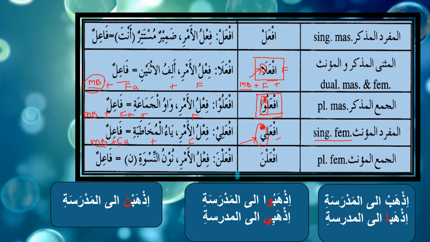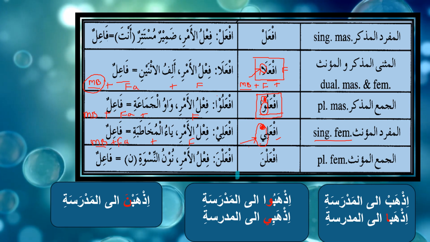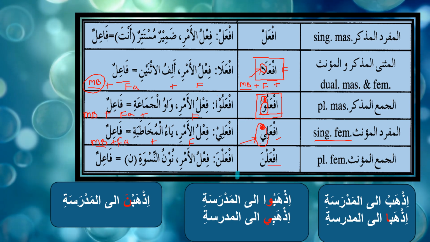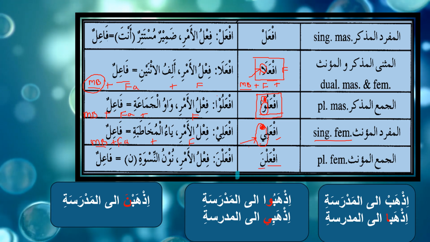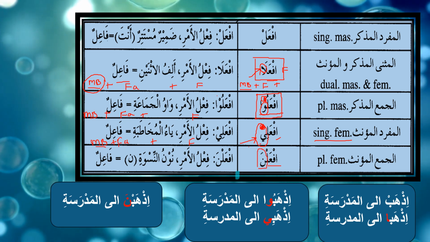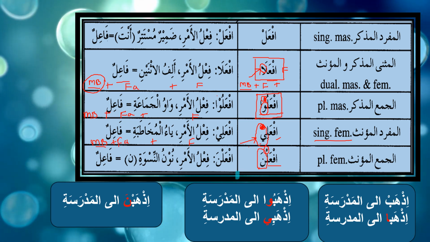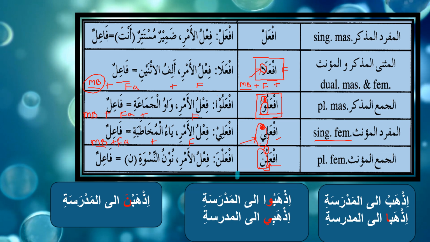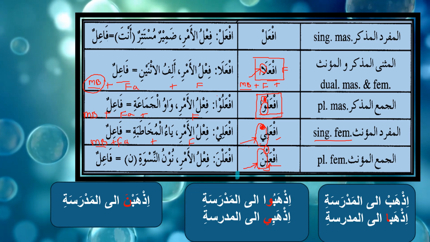So cancel it. And then we come to jama' mu'annath, plural feminine. So the plural feminine, as you know, in the mukhatab, we have the nunun niswa. And the proof for nunun niswa is that the last letter, I mean the second previous letter, should have a sukoon over it. So this nunun niswa comes in for the feminine plural.